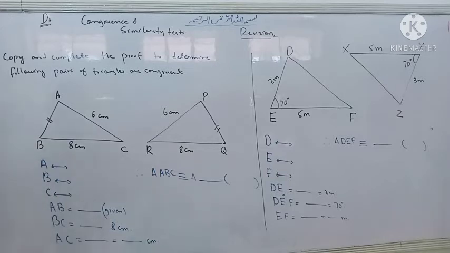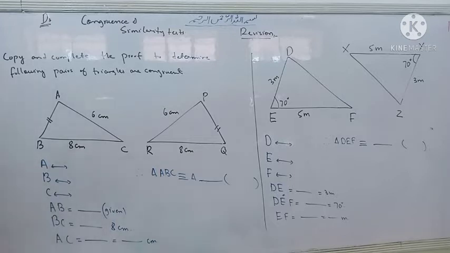Before this topic, we have done basic congruence and similarity from D2, right? But this is the chapter of the D3 book and these are the tests. Today, the discussion about the congruence tests will be finished, and in the next lecture I will teach you the similarity tests, inshallah.